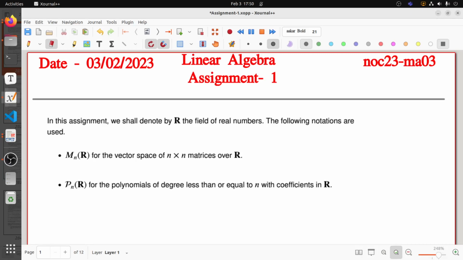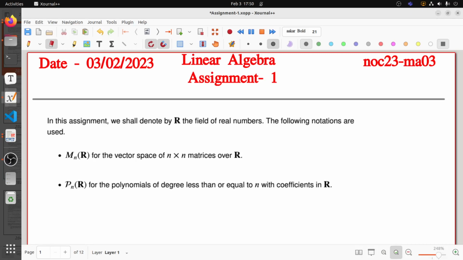Okay, now you have to check that with this definition, does V become a vector space or not? So first, what is the question? It's saying, first question, is V closed under scalar multiplication? What do you think? Is V closed under scalar multiplication?